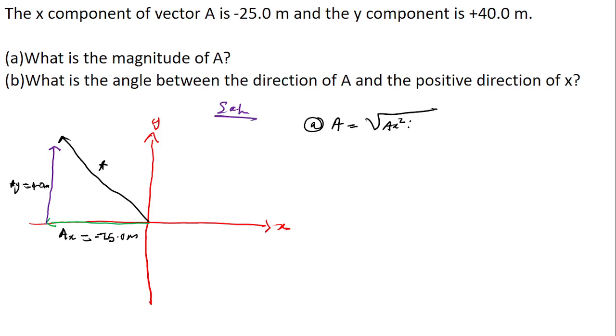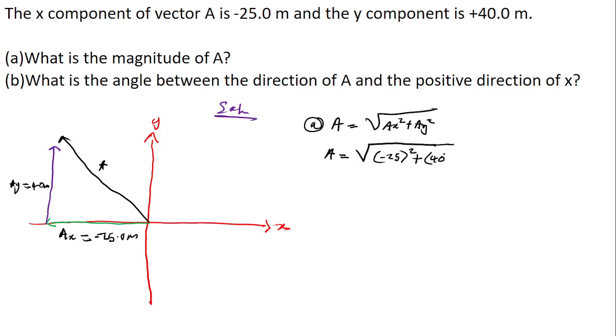After that, you can say A is equal to, so remember always to write the formula. That is very important, and sometimes it might carry some marks depending on who is marking you. So 25 squared plus 40 squared.